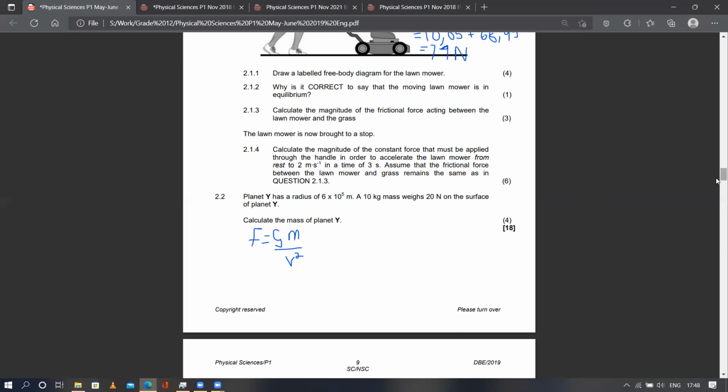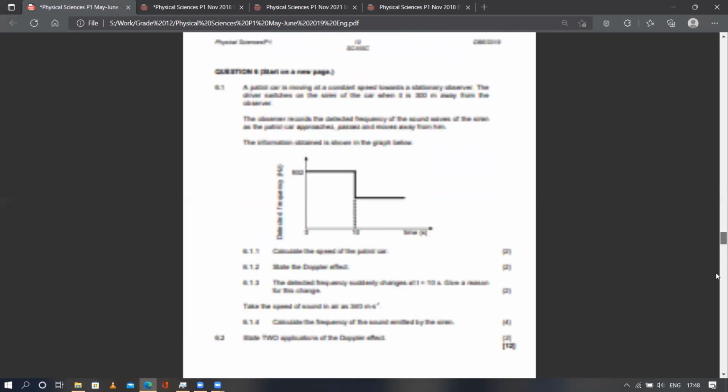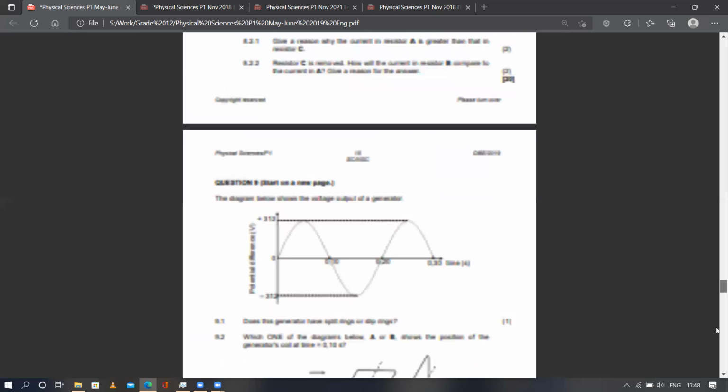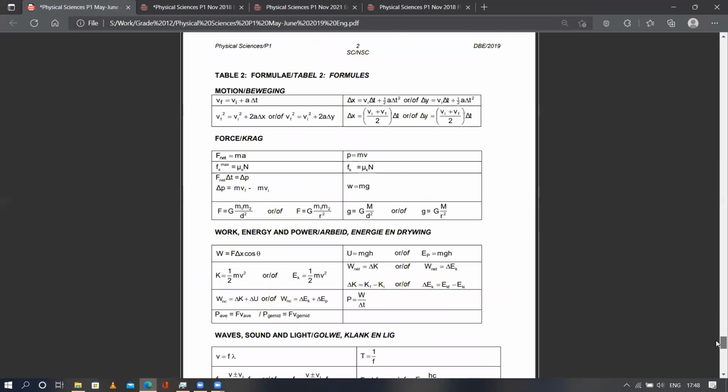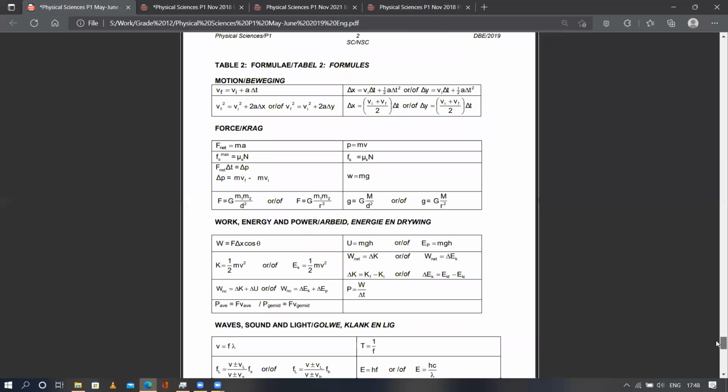I'm sorry, let me just look at this formula again. I think it's M1, M2, but let me just make sure. This is for the gravitation.